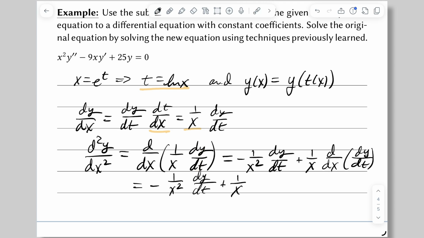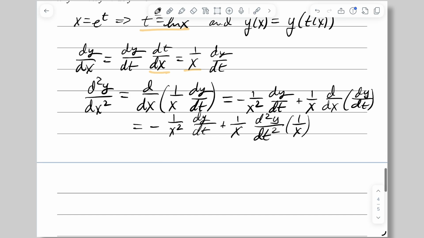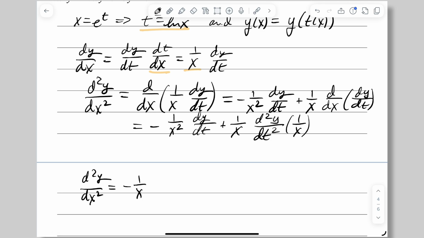And for that term, we're going to end up with the second derivative of y with respect to t times dt dx, which is another 1 over x. So finally, d2y dx2 is negative 1 over x squared dy dt plus 1 over x squared d2y dt2.